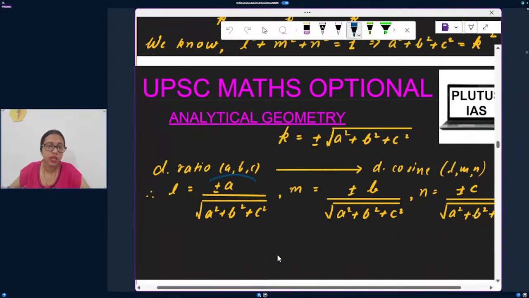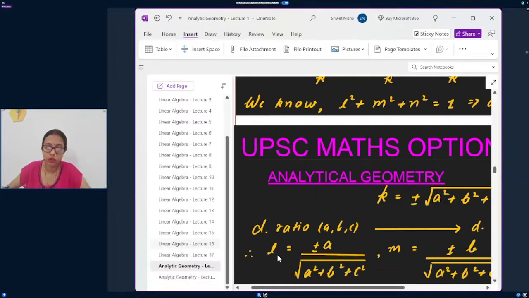If direction ratios are given, you can convert them into direction cosines. How? By dividing them by the square root of a square plus b square plus c square. That's exactly what I'm doing here.